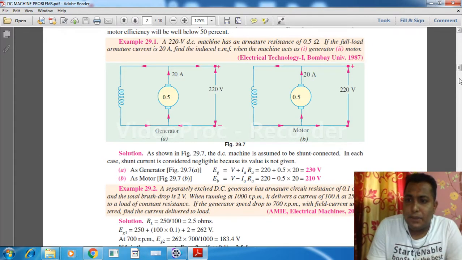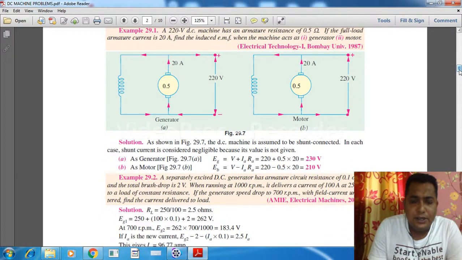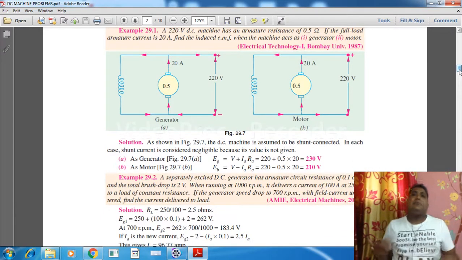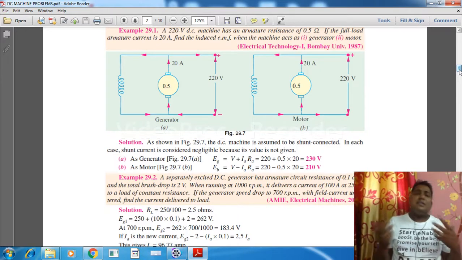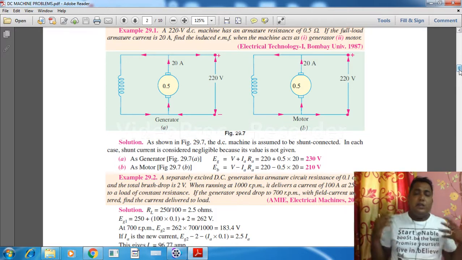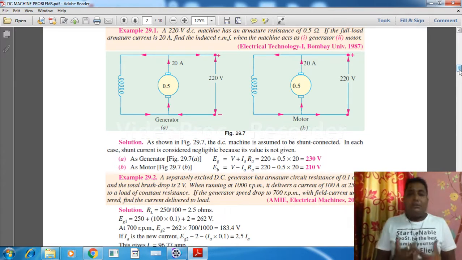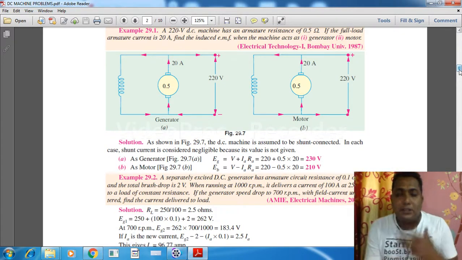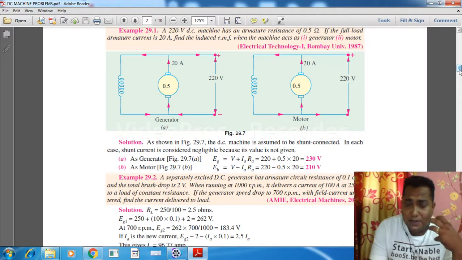Okay, so coming to the next problem, you just have to think which kind of energy is input and which kind of energy is output, and you can understand this very easily. This is a two-line problem, but you should have a proper concept. Without that you cannot solve any kind of problem, because it depends upon what concept you have.